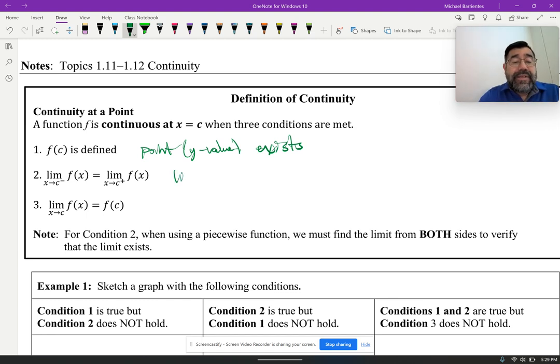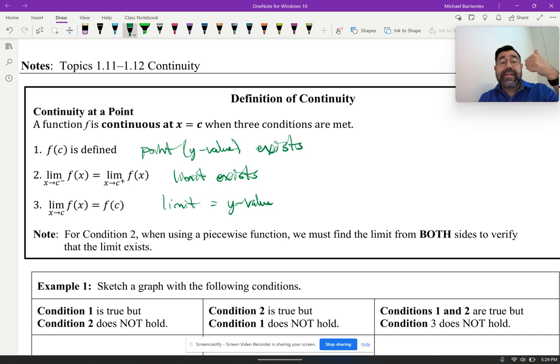That's another way of saying there's a limit. The limit exists. And then the third condition is, does the limit of f of x as x approaches c equal the value of f of c? Does the limit equal the y value at the point?